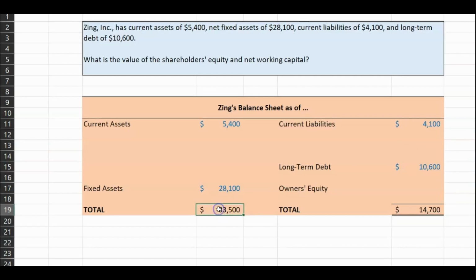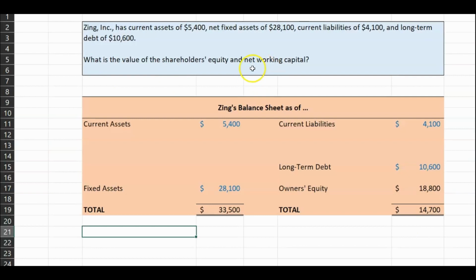The left-hand side of the balance sheet has to equal the right-hand side of the balance sheet, which must mean that the rest of the funds to support $33,500 worth of assets came to you in the form of owner's equity. And so owner's equity has to be equal to the difference between $33,500 and $14,700, so $18,800. And so this is how you can figure out the value of shareholders' equity.